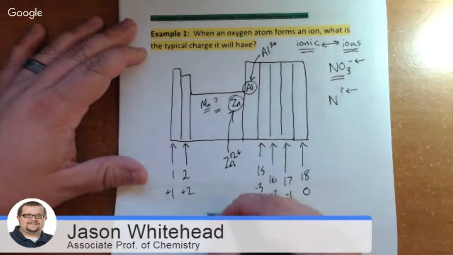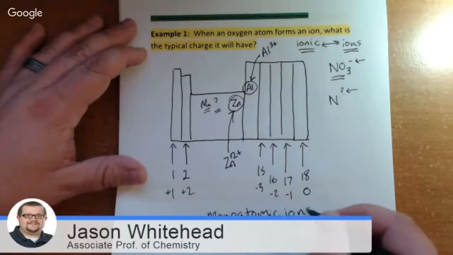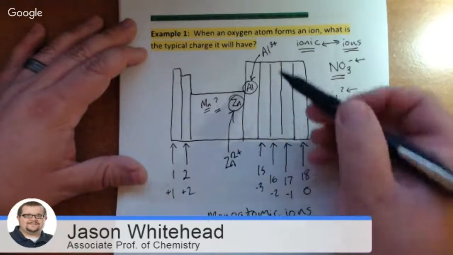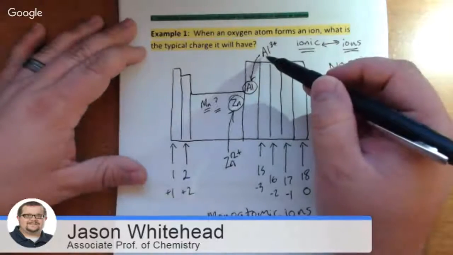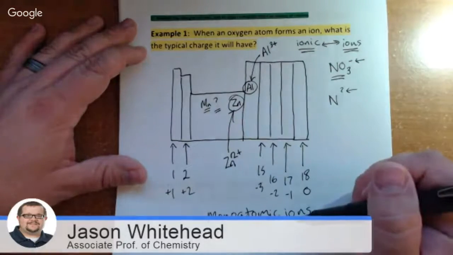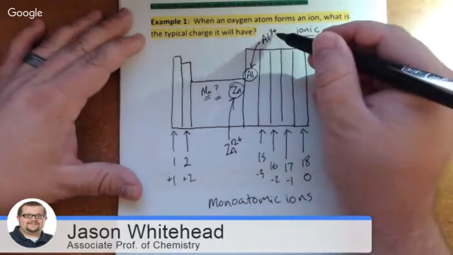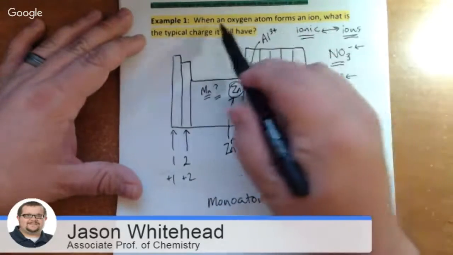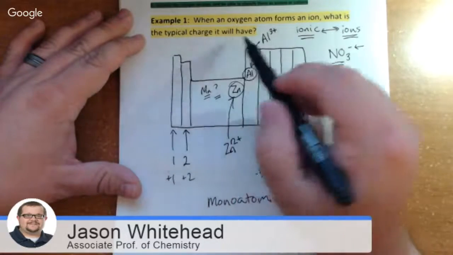What we just covered are called monoatomic ions, meaning if I have a single, mono, atom of aluminum and it forms an ion, meaning it's charged, then that aluminum will have a +3 charge. This question is saying when an oxygen atom forms an ion, what's the typical charge it will have?